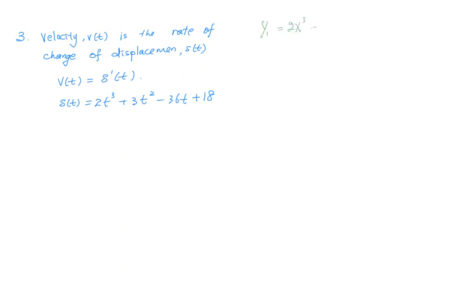So your y2, in your graphic calculator, you are supposed to put the derivative. This one will represent your vt. Clear? But if we differentiate it manually, bring down the power, times by the power, power take away 1. This is negative 36. So it will be cm per second.